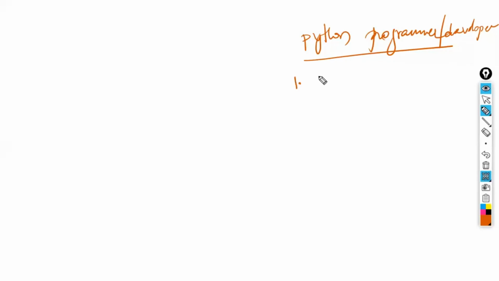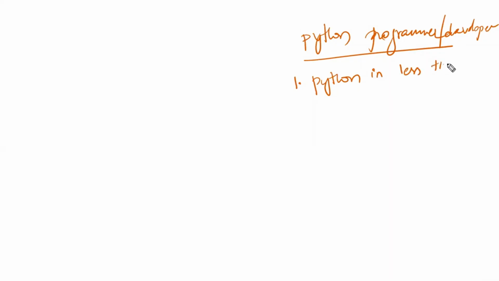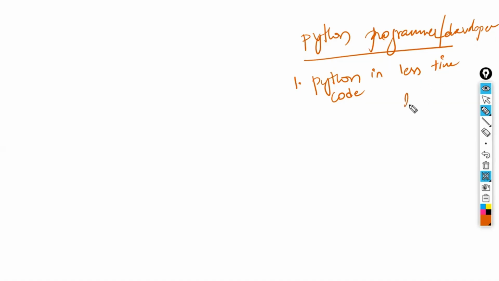Your target is to execute the Python code in less time. The overall execution from top to bottom should take less time. Less time means less number of lines of code. If you have fewer lines of code, automatically your target will be completed in less time.